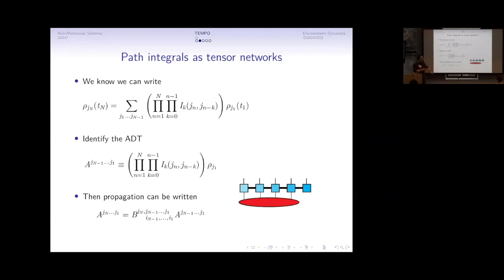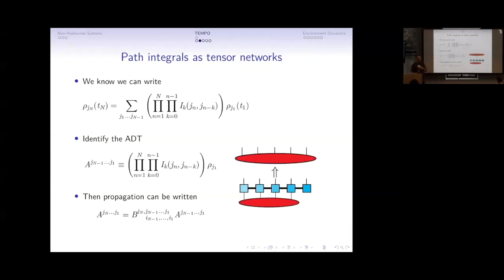And so this propagation can really be written: take the augmented density tensor at time step n-1, multiply in with an object which just contains information from the influence functionals, and take me to time step n. And if I put all of this together, then this really starts to look like tensor-tensor contraction, and it starts to look like something which we can use MPS type techniques on to try and compress.